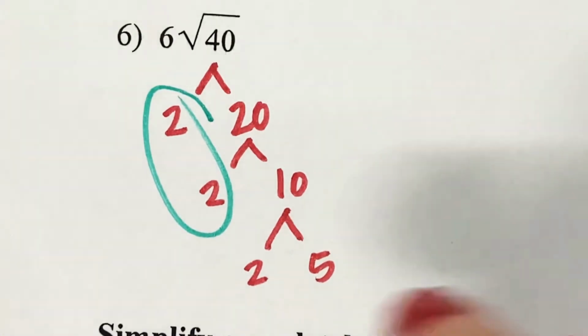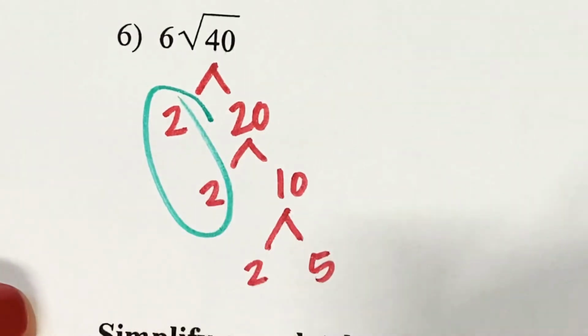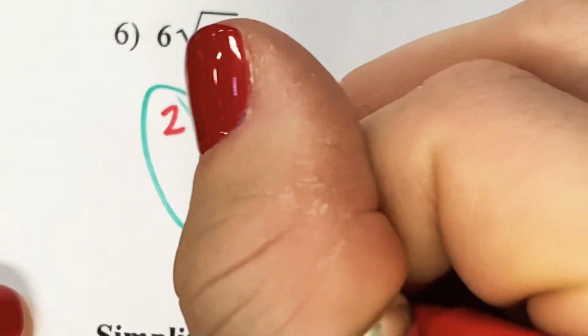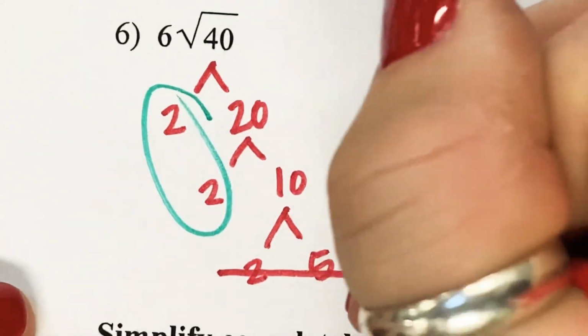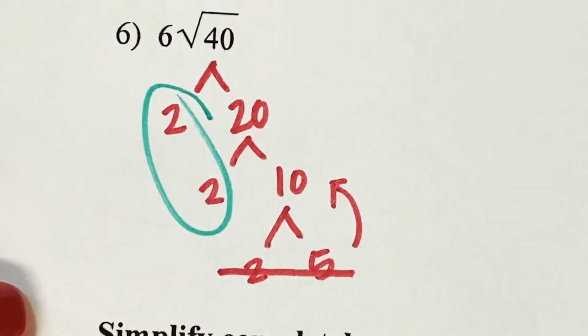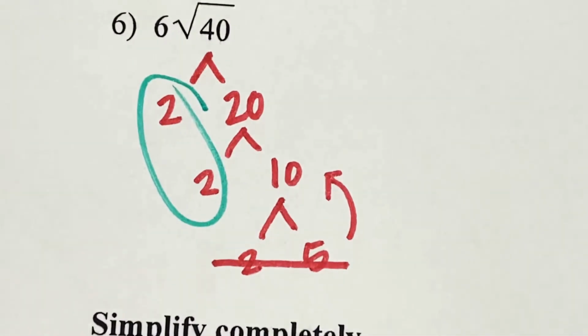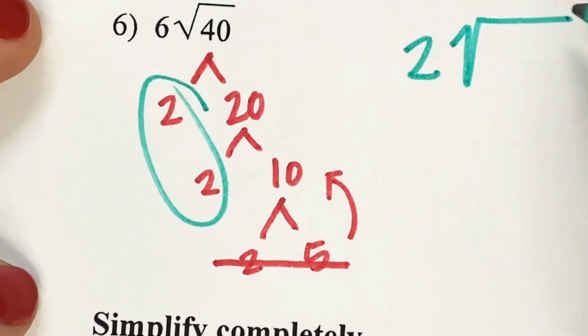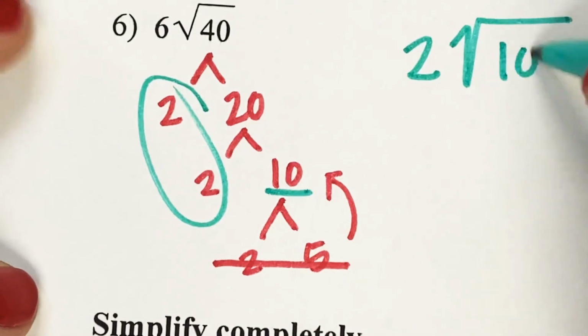So we know that there's one couple of 2s that got to leave. Did any other couples get to leave? No. Since they can't couple up, they just turn back into that 10. So the only couple that got to leave was our 2, and then our 10 had to stay inside.